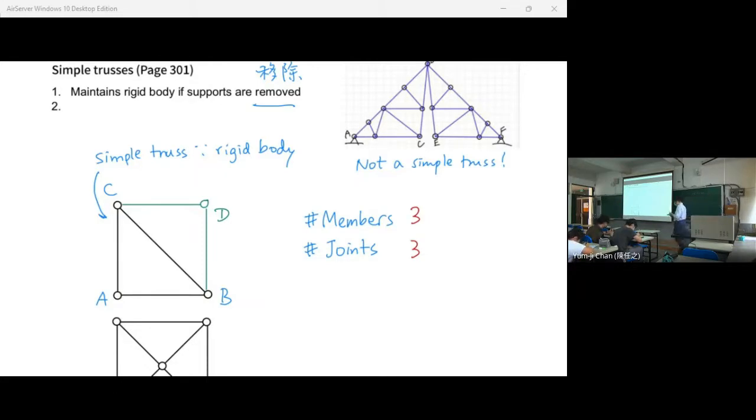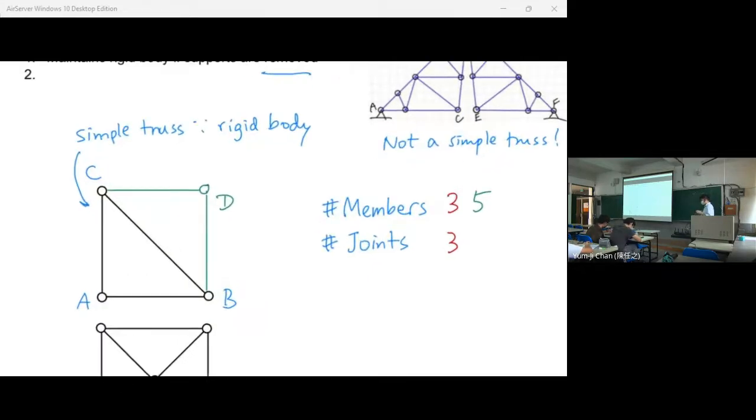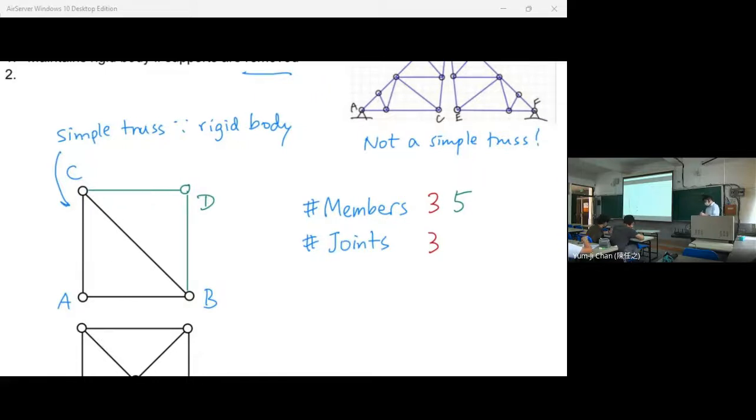After we put point D, how many members do we have? 1, 2, 3, 4, 5. So we have 5 members. And how many joints do we have? We have 1 joint here, 2 joints, 3 joints, and 4 joints. So we have 4 joints.